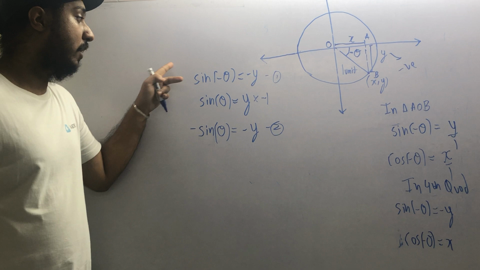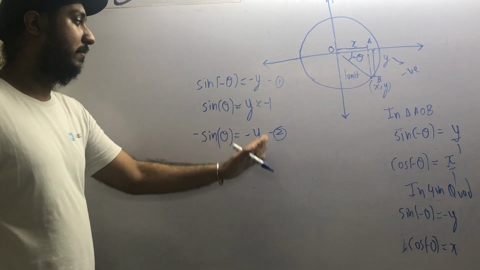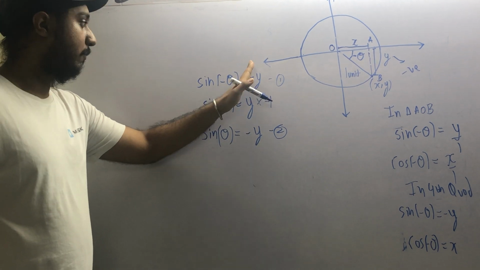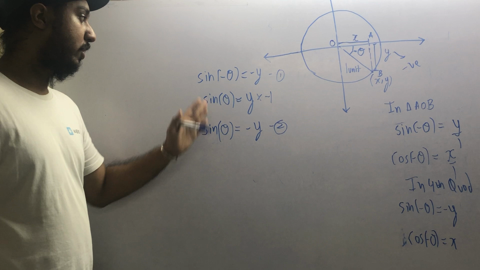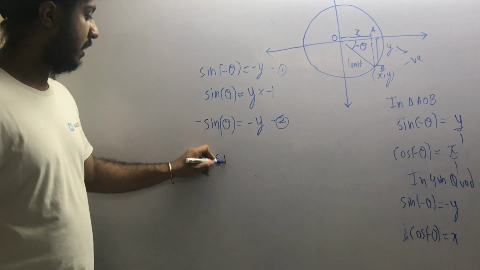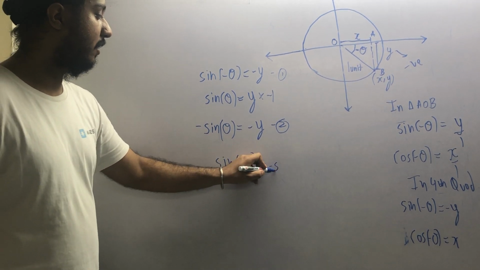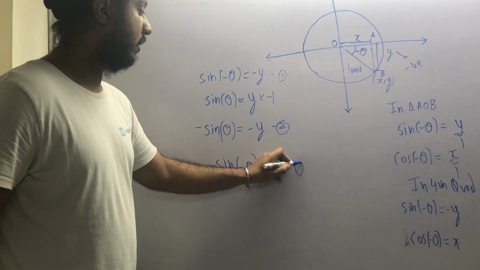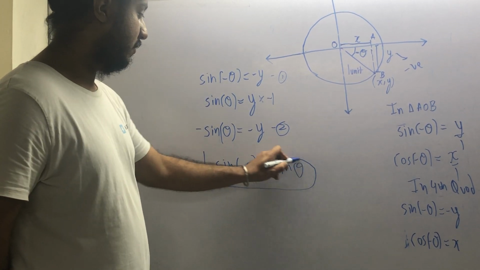Now look carefully in this equation and this equation. Can you see the right hand side in both these cases is same? Minus y and minus y. Only difference is left hand side. So since right hand side is same, can I say sine of minus theta is equal to minus sin theta? Can I or can I not? Yes. So this is your first identity.